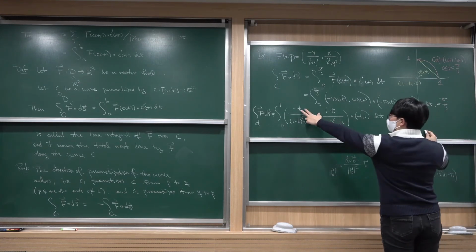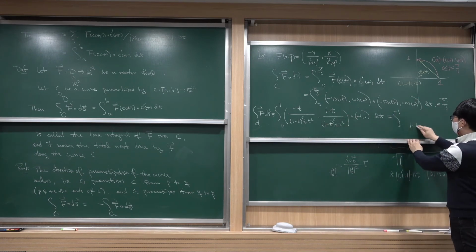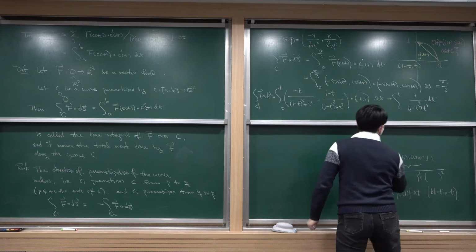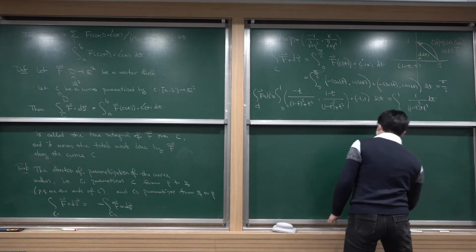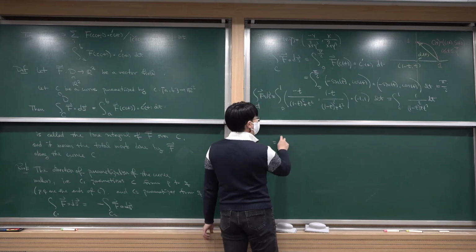Actually, they cancel out, so we get 1 minus t squared plus t squared in the denominator, over 1, dt. I think I can do the integration.